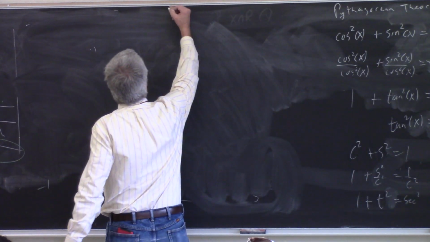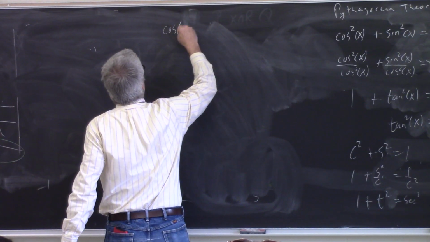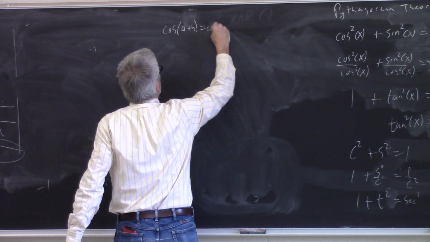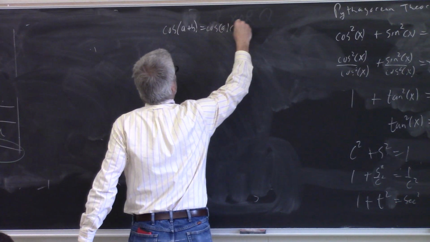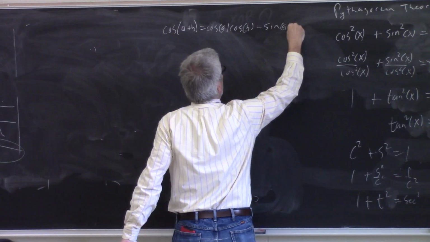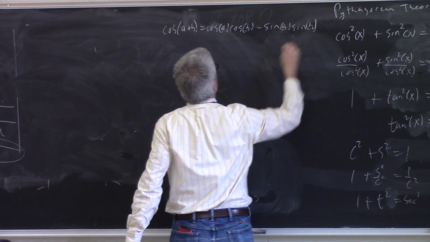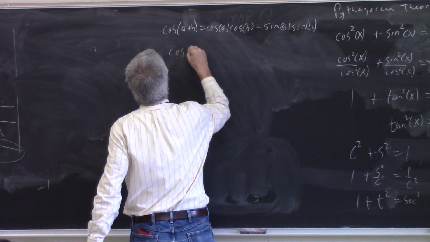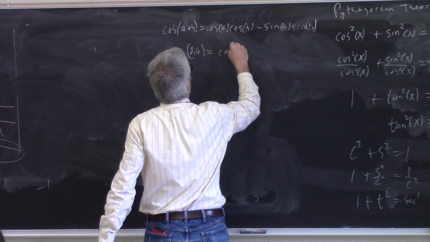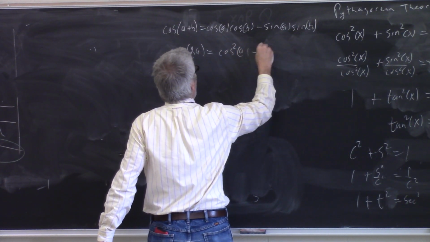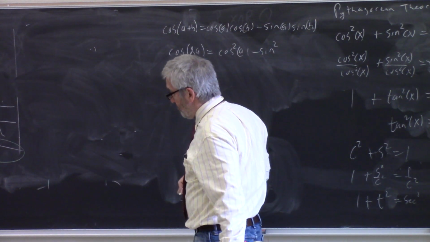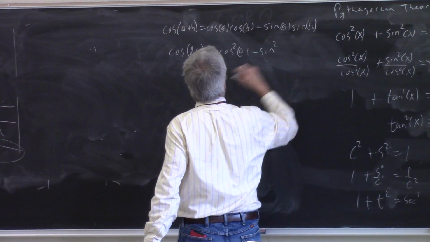So remember that cos of a plus b is cos a cos b minus sine a sine b. I can remember that. And so cos of 2a is going to be cos squared a minus sine squared. Oh, I shouldn't be using a, sorry. Bad form. That's all right.